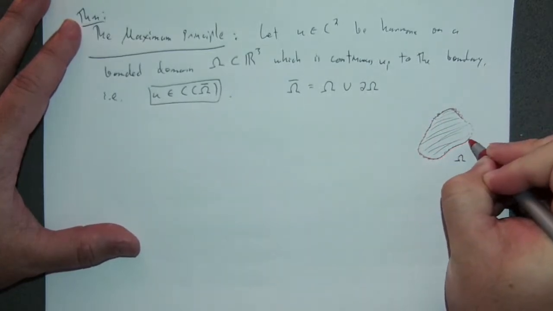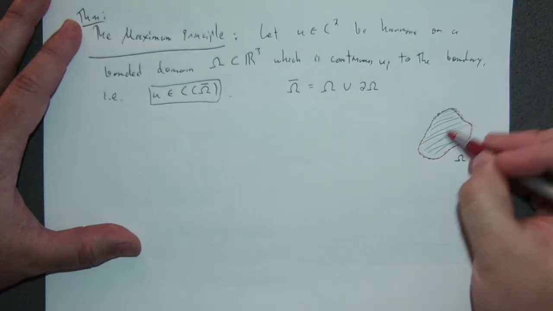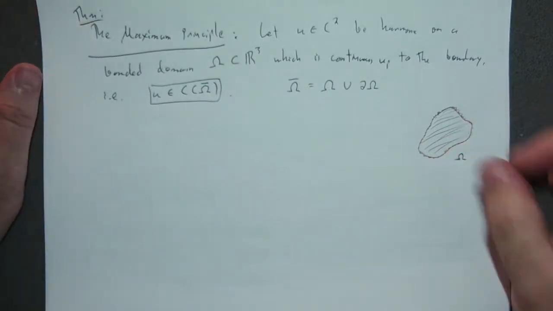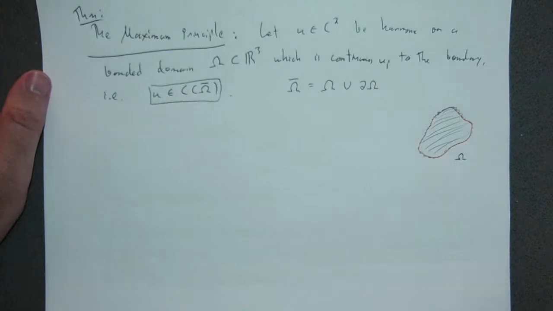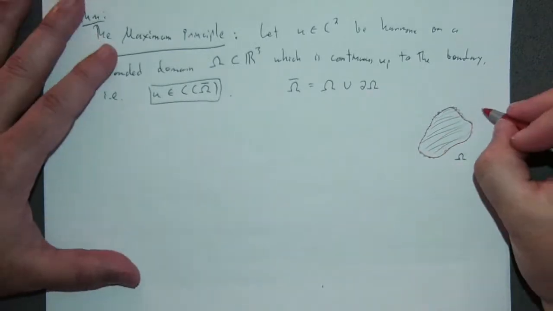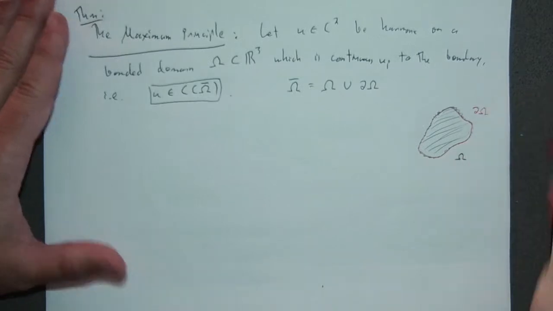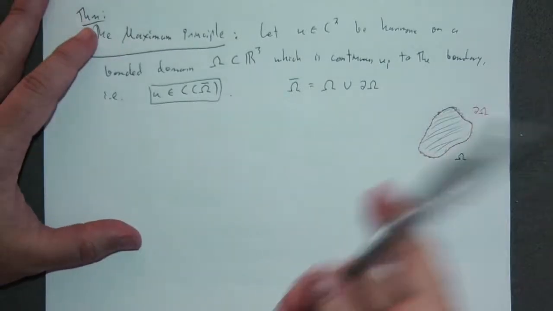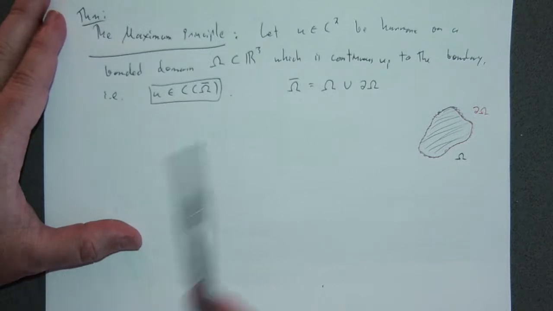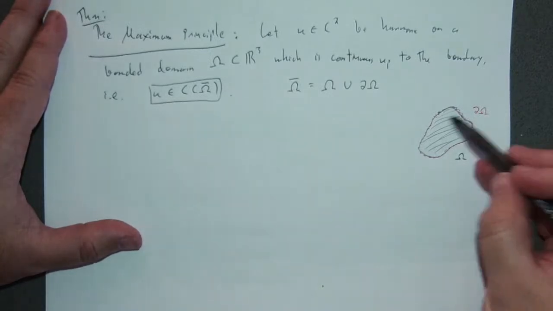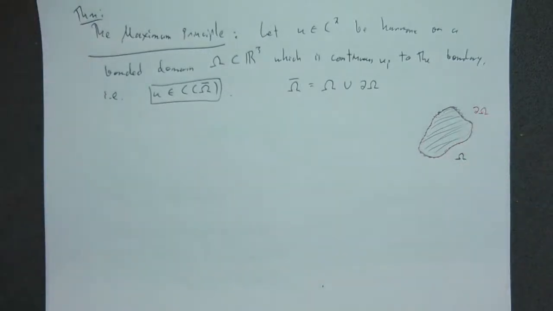Of course, if this was in 3D, I would have an open region that didn't contain its boundary surface, and then instead of this being a curve, it would be a boundary surface. So this is the boundary of omega, and then this omega bar, this closure, is everything inside together with the boundary. Okay. All right.